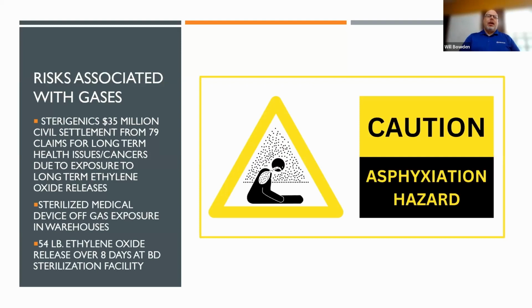In terms of the regulatory fines, that's still to be determined. There's still some litigation and court cases going on. However, very recently, in a situation similar to Sterigenics, people living around the facility are starting to put together civil lawsuits against BD over possible exposure to ethylene oxide over time.